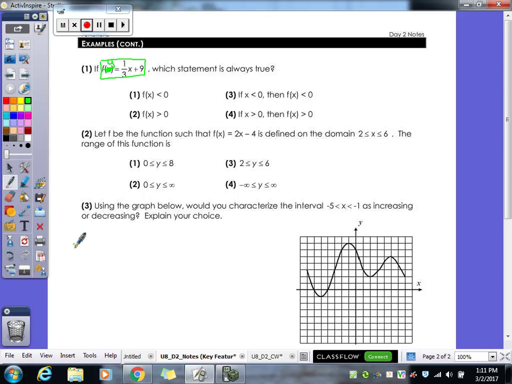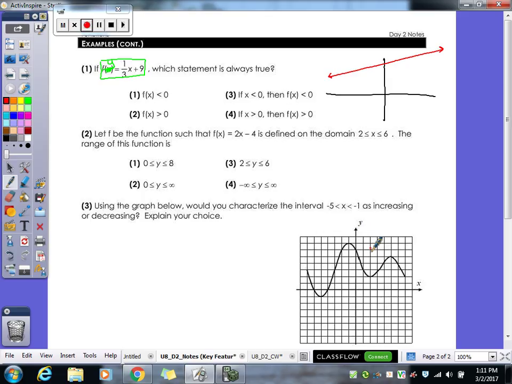Look at that in your calculator so we can look at the graph of it. Does your graph look kind of like that? Hopefully.